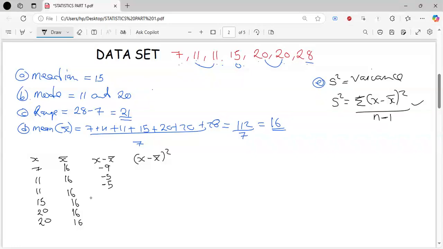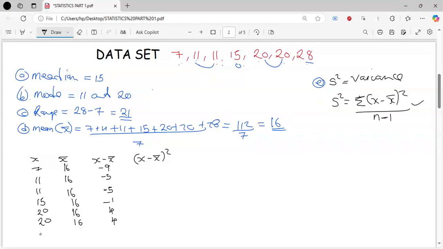Then 15 minus 16 is negative 1. What is 20 minus 16? That will give us 4. Again 20 minus 16, that will give us 4. Hope that is clear.